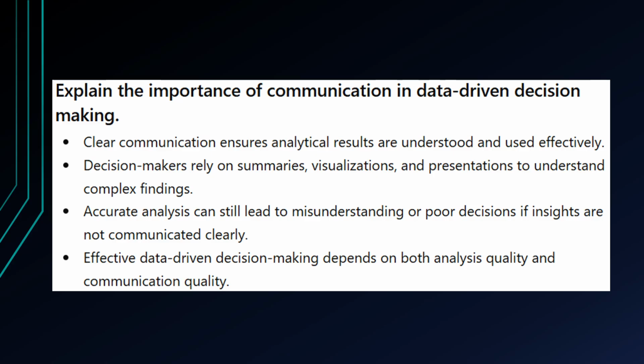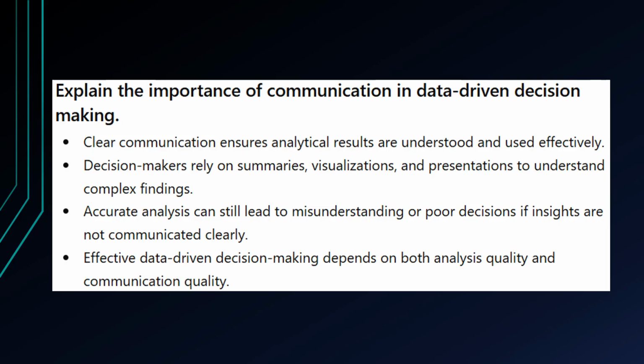For example, a projected increase in demand may sound positive, but the recommendation depends on whether the organization has enough capacity, whether the projection is uncertain, and whether the increase is large enough to justify action. Without clear communication, the audience may react to the number without understanding the conditions around it.